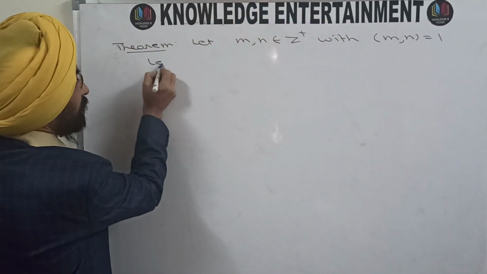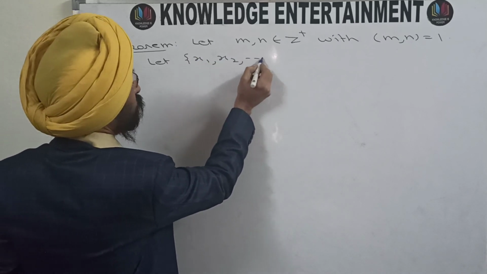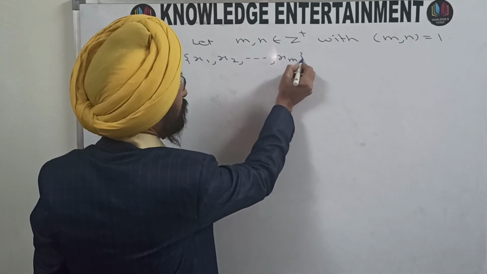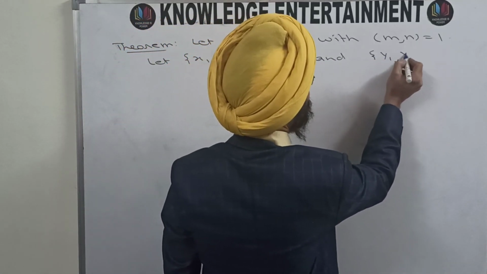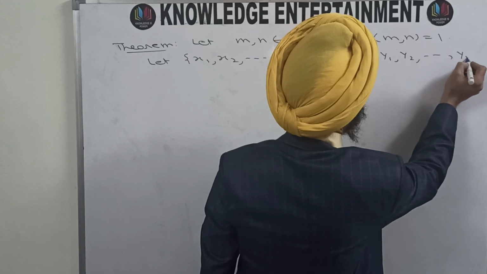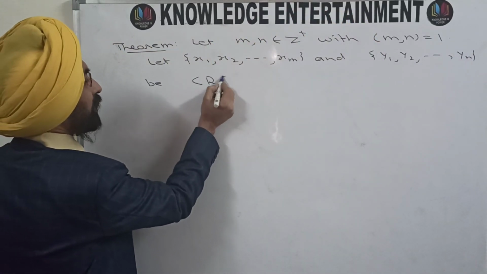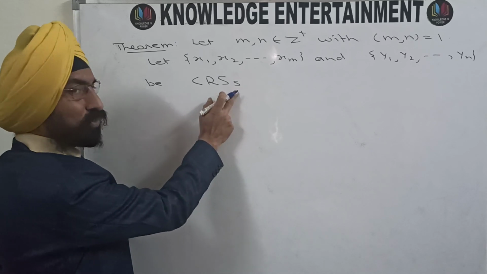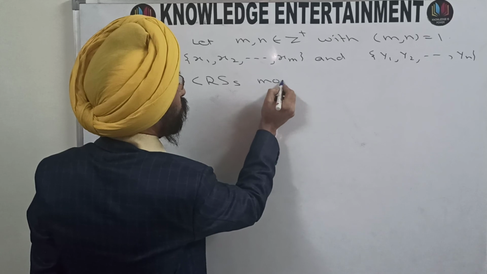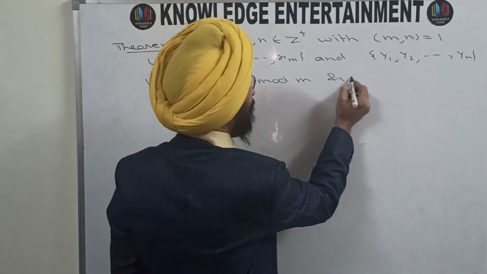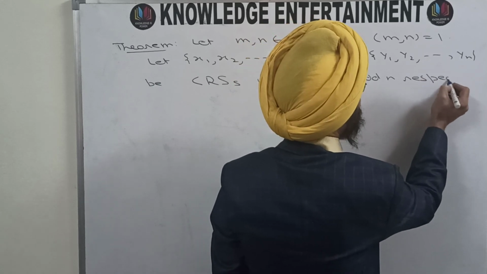Let x1, x2, ..., xm and y1, y2, ..., yn be complete residue systems, complete residue systems modulo m and modulo n respectively.